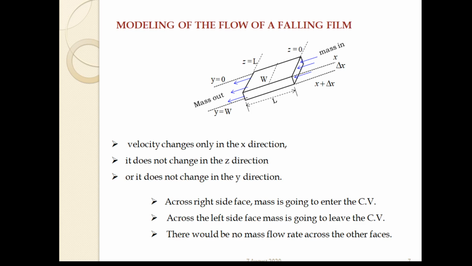So convective flow of the fluid can only take place through these left and right faces of this control volume. From the left face the mass is going in, and from the right face the mass is going out.